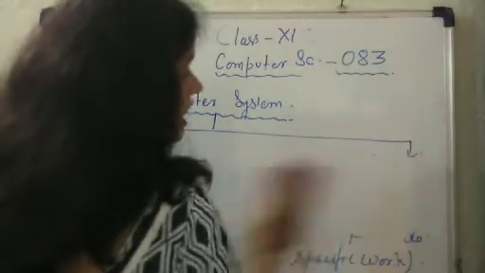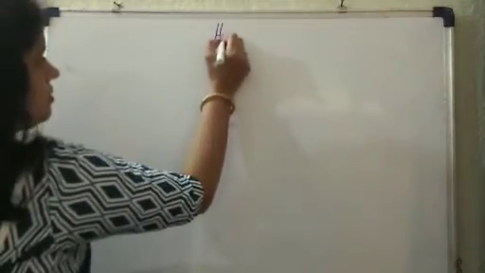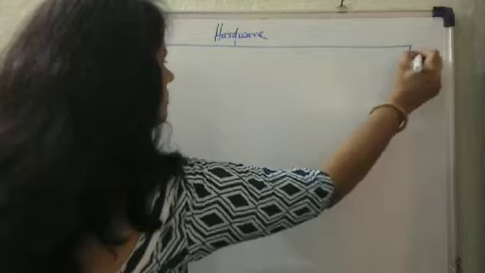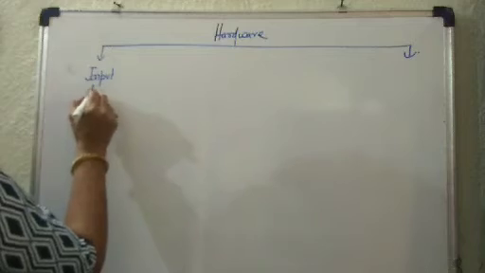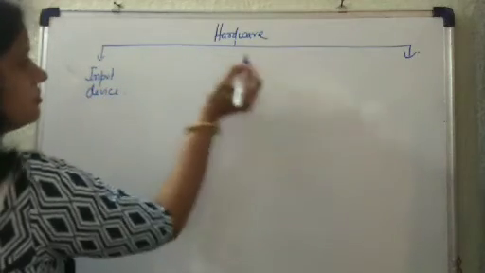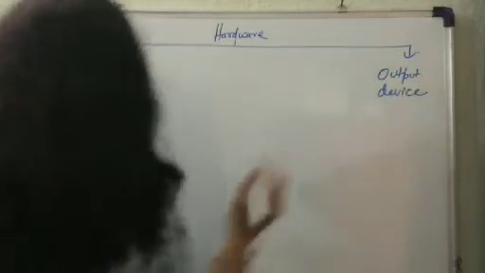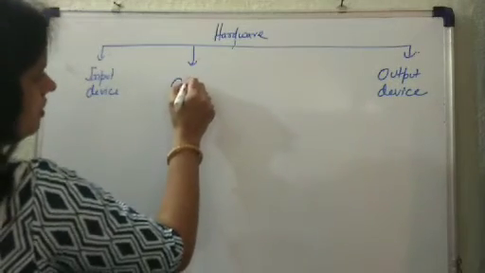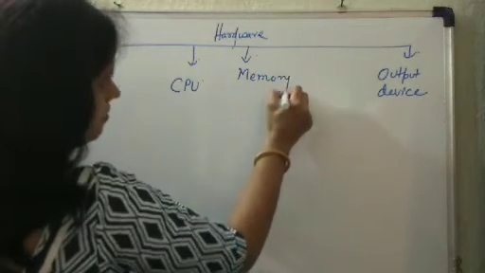What are the different parts of the hardware? Hardware has input device, output device, CPU, and memory.